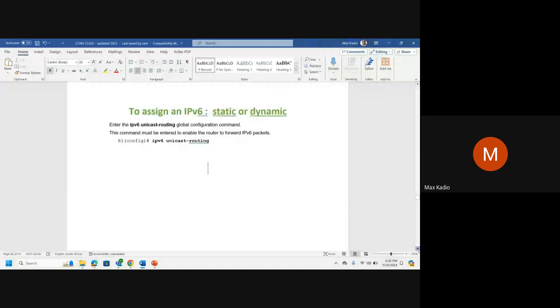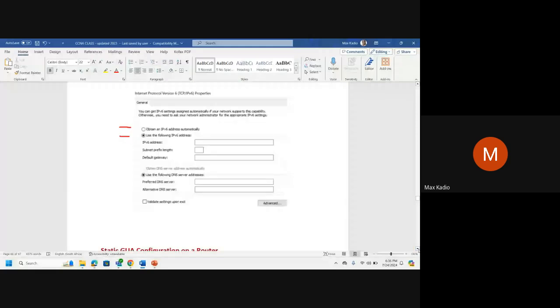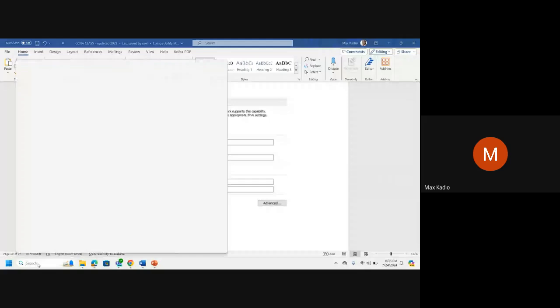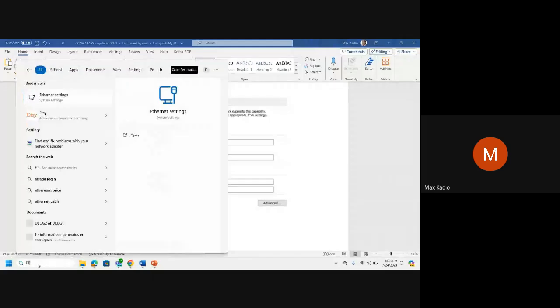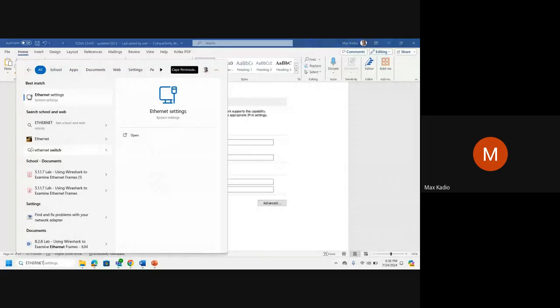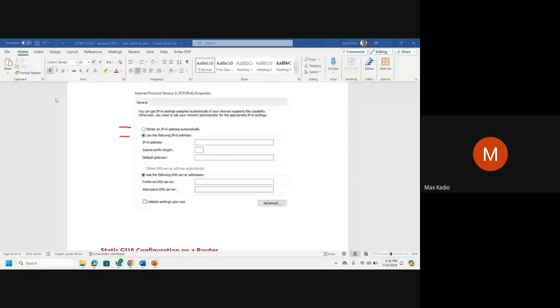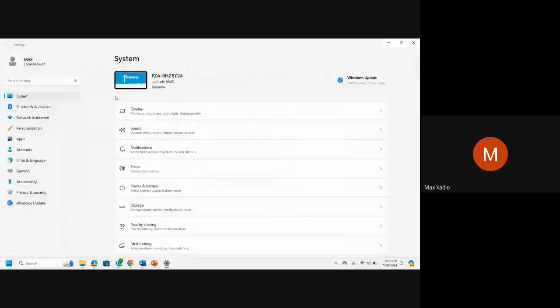So if you go to your PC, you can assign manually. Like here, if I type Ethernet settings, I click here, then I go down. Yeah, it's here.